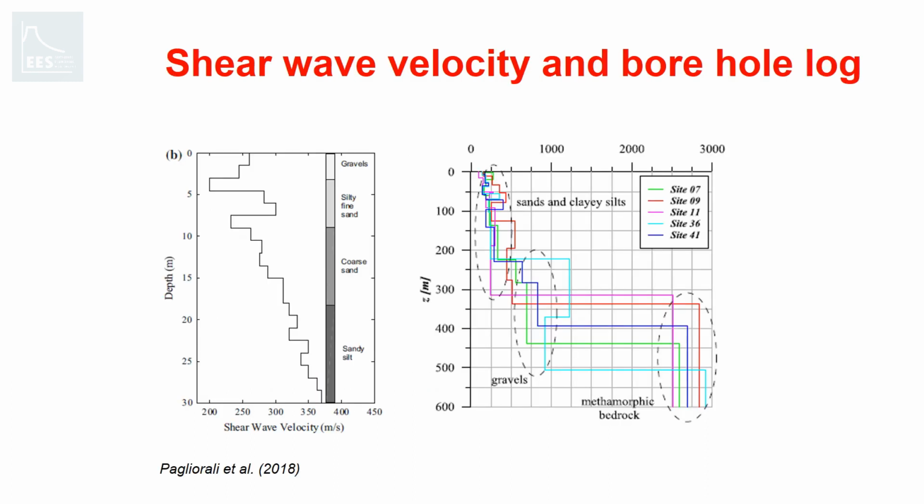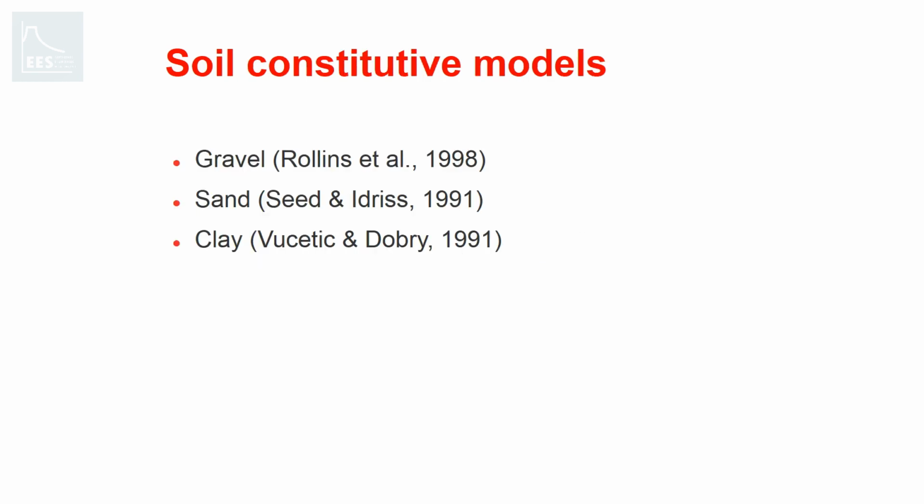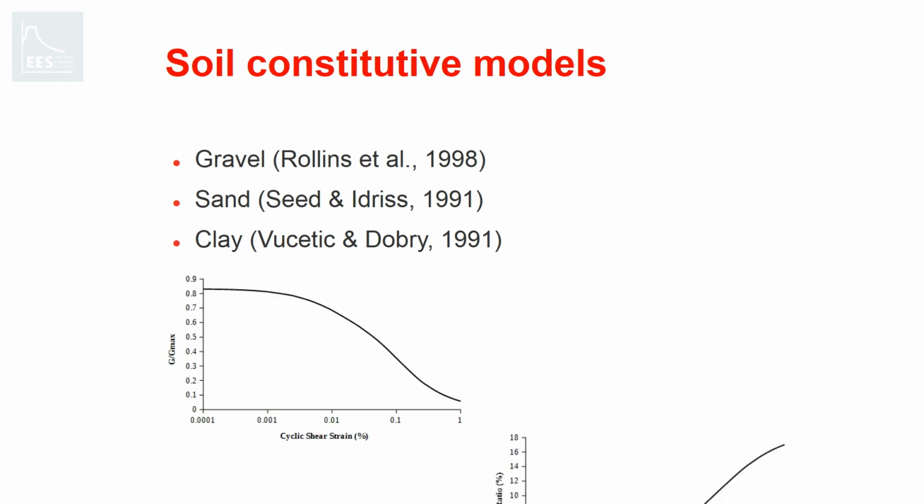And please also note that everything was based on secondary data and information available at the time of analysis. The source is mentioned here. And these were the constitutive soil models for the respective soil types.